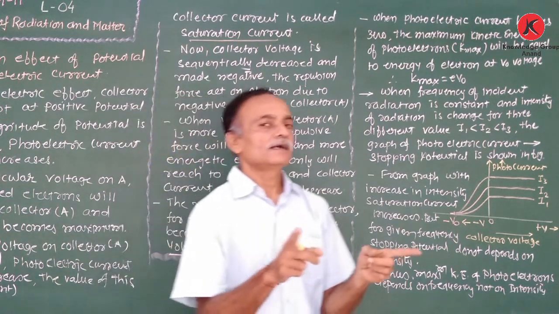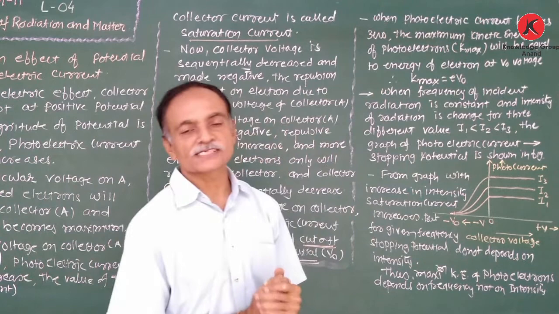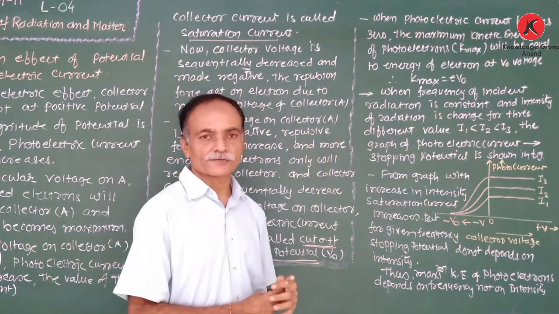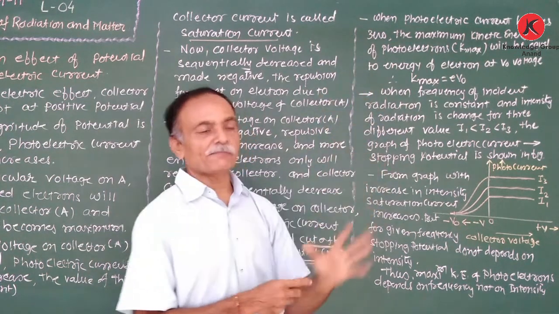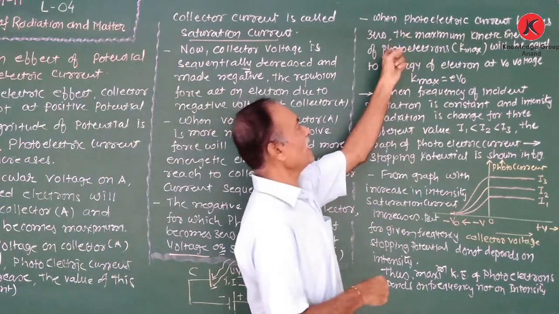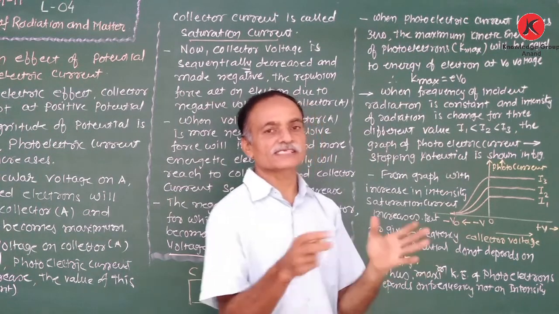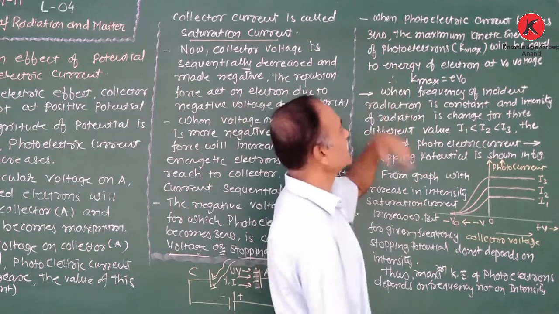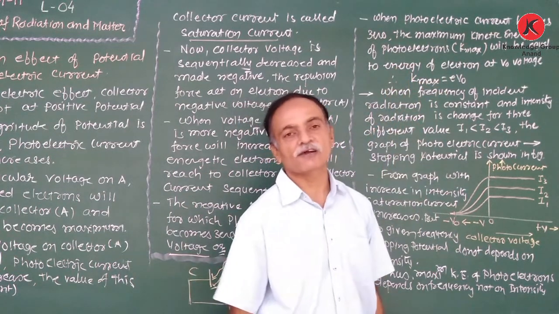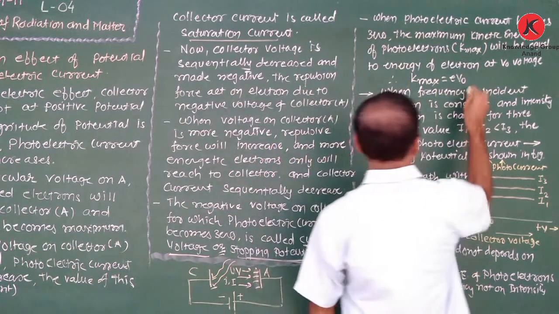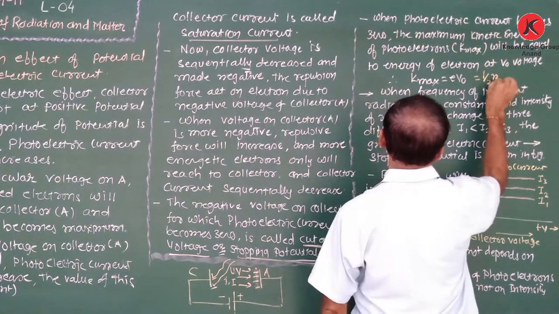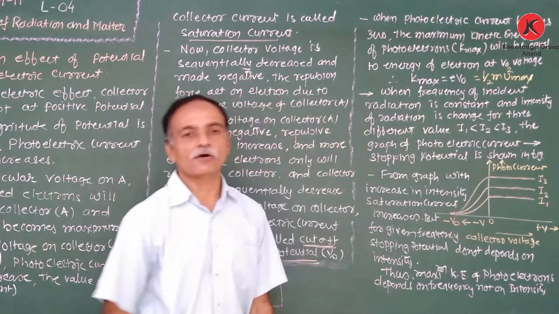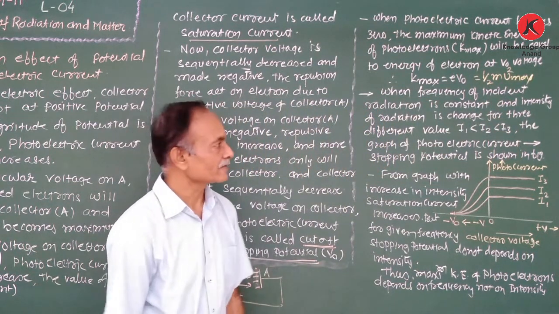Why, at maximum negative potential on the collector, does the photoelectric current become 0? Because the maximum kinetic energy of the photoelectrons is equal to the energy of the electron at V0 voltage. Therefore, K maximum is equal to eV0, and the kinetic energy is half m v square maximum, that is the kinetic energy of the emitted electron.